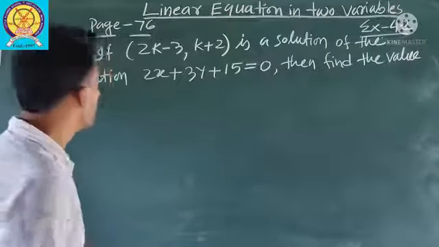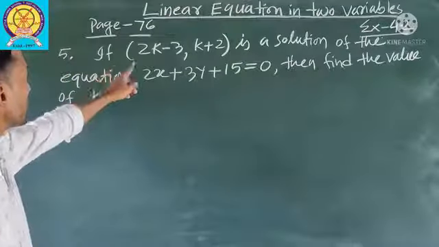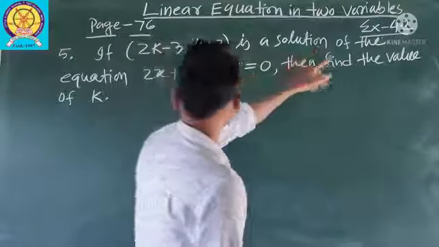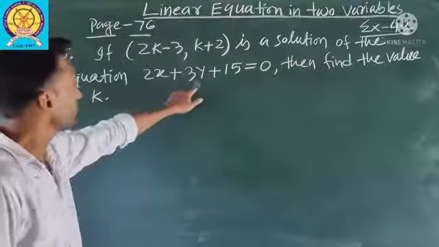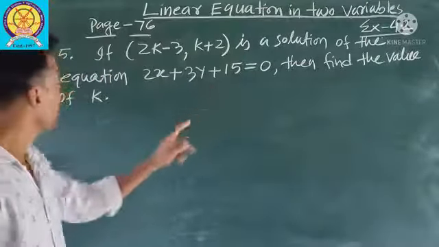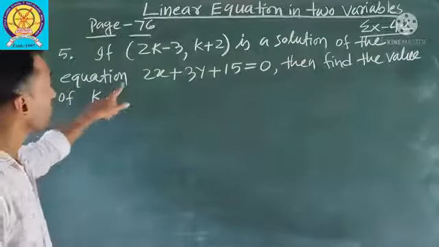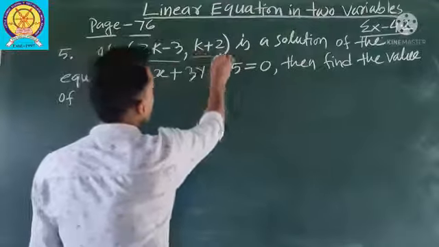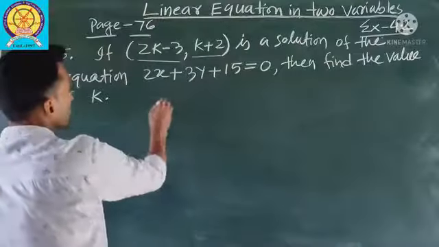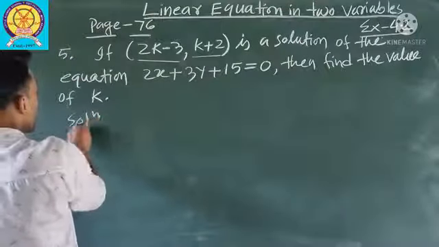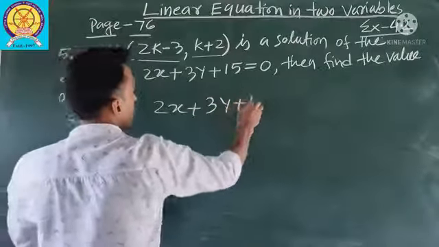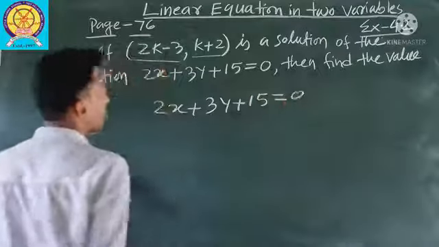Let's see the next one, number 5. If (2k minus 3, k plus 2) is a solution of the equation 2x plus 3y plus 15 is equal to 0, then find the value of k. So here your solution is given as 2k minus 3 and k plus 2. First you write down the equation, 2x plus 3y plus 15 is equal to 0.